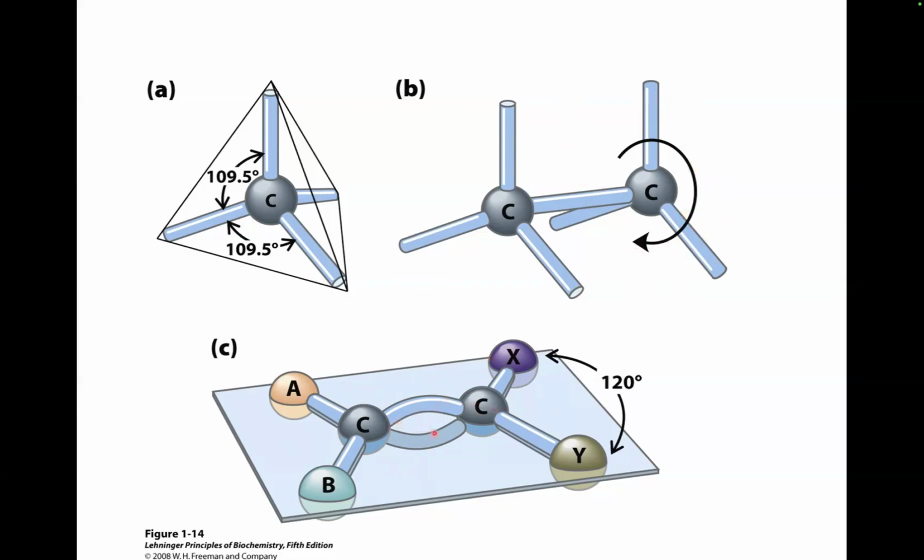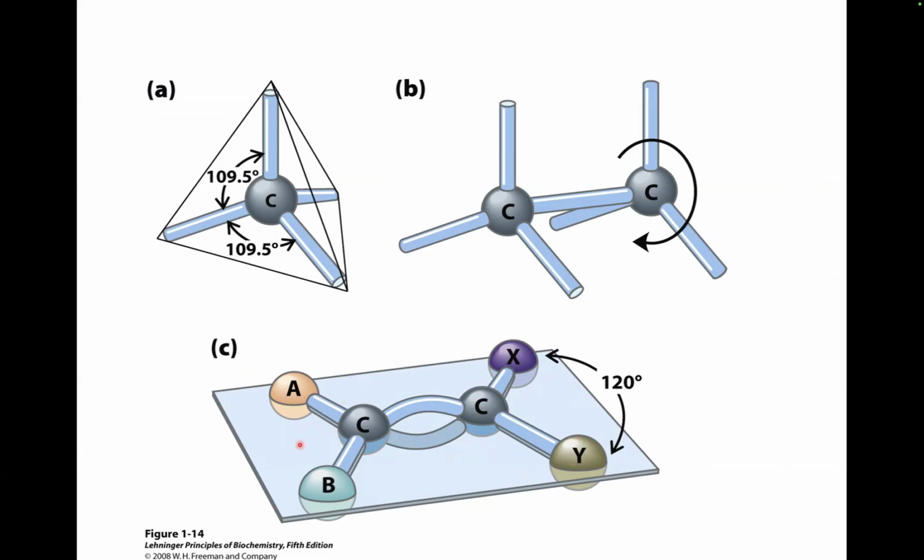So if you have a carbon-carbon double bond and four different functional groups attached to that double bond, you actually have a fixed planar shape there, in which by breaking this double bond and reconfiguring one of these functional groups, you have two different flavors of the same compound.